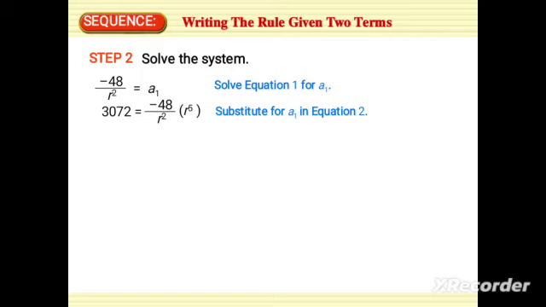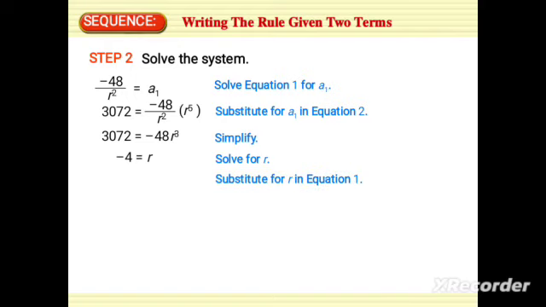So we will have 3072 is equal to -48 over r squared, which is standing in place of a, then multiplied by r raised to power 5. So we can simplify, and then we get 3072 is equal to -48 r cubed. Now it is easy to get the value of r by cube rooting both sides, and that will give us the value of r to be -4. The value of r is -4.